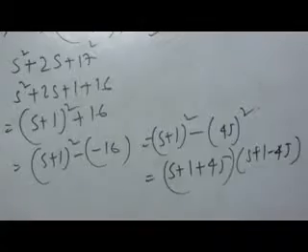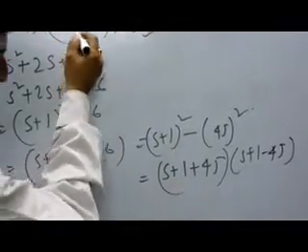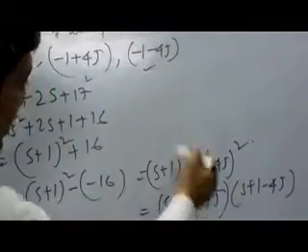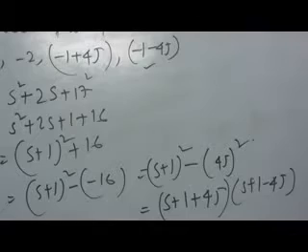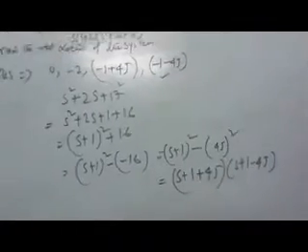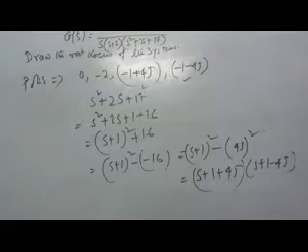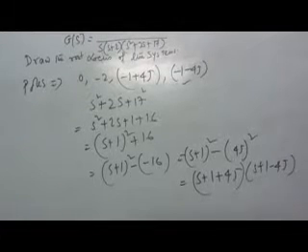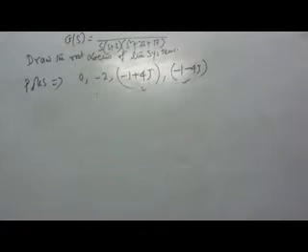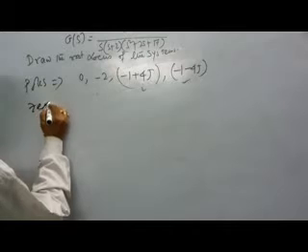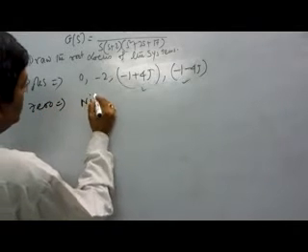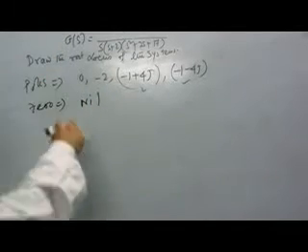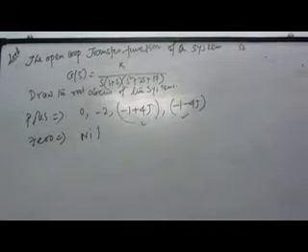That is why the poles are at -1 plus 4j and -1 minus 4j. Now zeros. The number of zeros is nil because for this particular problem, the numerator doesn't contain any factors. So that is why the number of zeros is nil here.